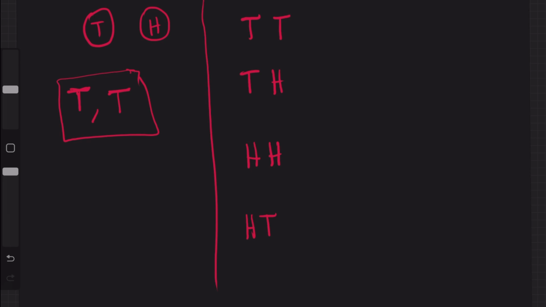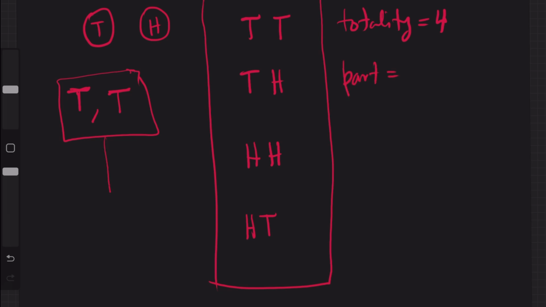And these are all the possibilities for tossing the coin twice. So the totality here is 4. We can now count how many events are the ones we are interested in, and we see that there is only one case where the two tosses provided us a tail. That's why this is a 1. And the probability of having two tails is then 1/4.